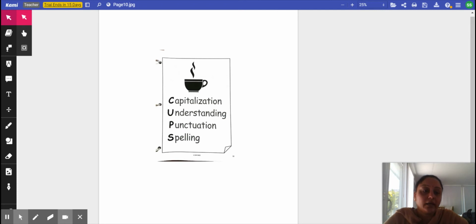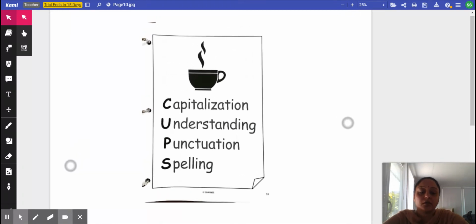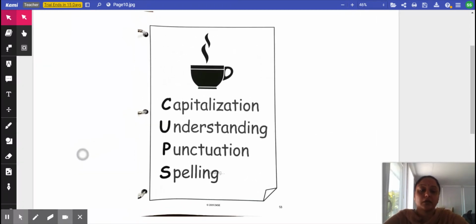Before we go ahead and write sentences, I would like to show you the visual cues for writing clear, correct sentences. So the C, we have a symbol with cups. Some teachers use cops, but we have been told to interact with students in a more non-threatening way.